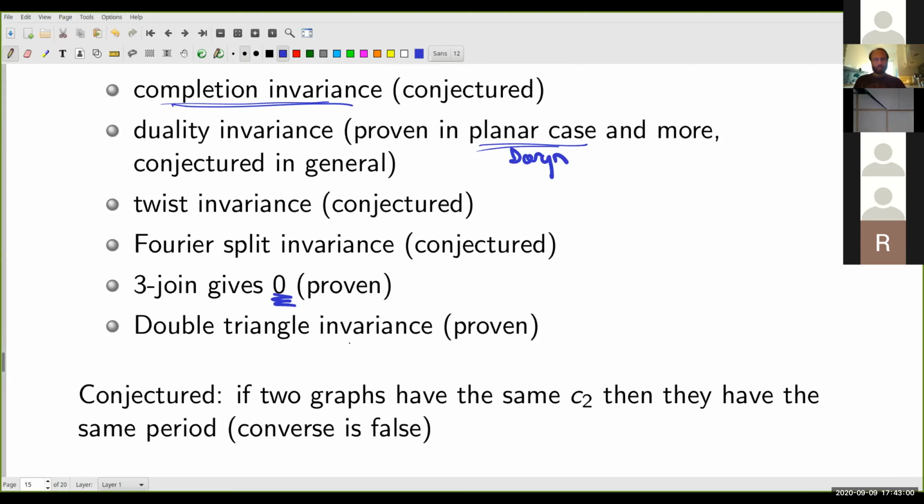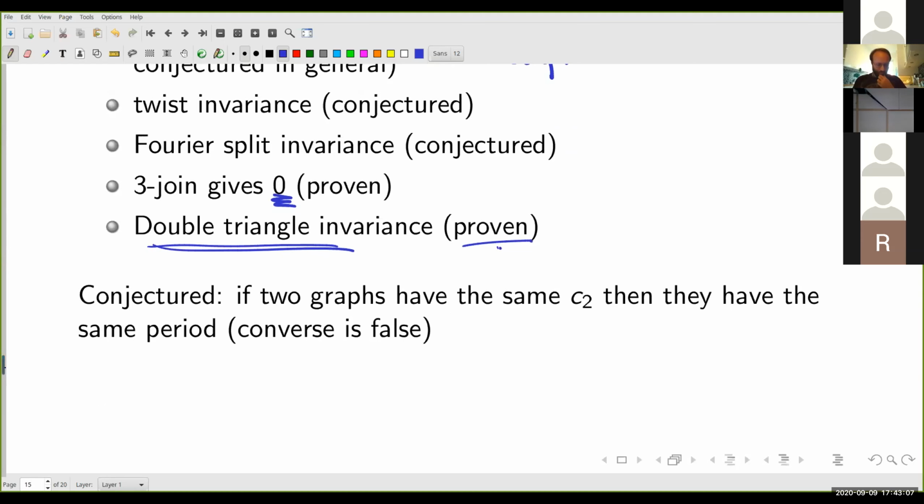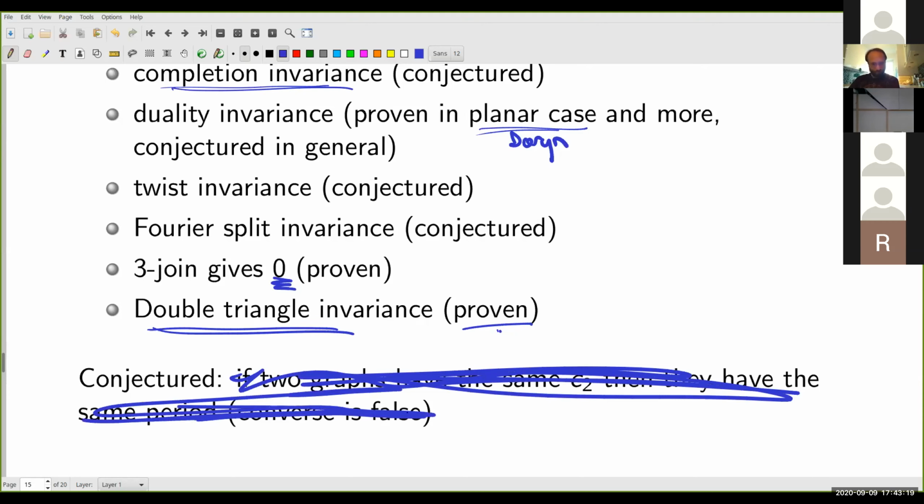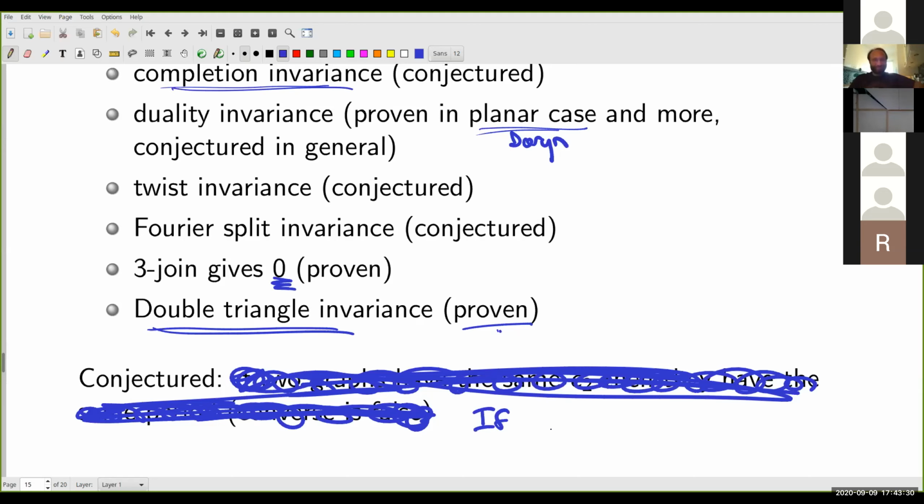And so you shouldn't be too surprised to have a double triangle invariance, which was actually one of the first things we proved. It's actually easy. I say it's easy because it's my proof. Of course it's easy. And it's conjectured that if 2 graphs have the same C, no, that's the wrong way around. I wrote the converse. That's the false one. Don't read that. What's conjectured is if they have the same period, then they have the same C2.